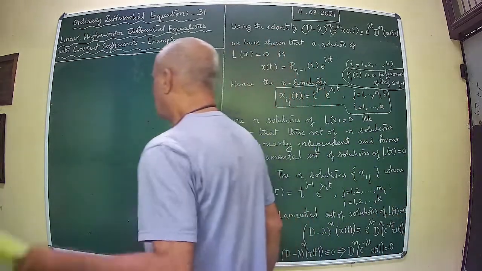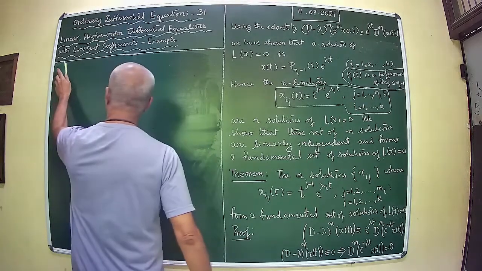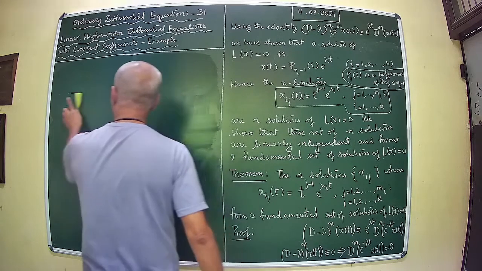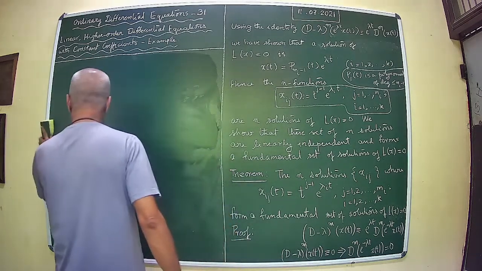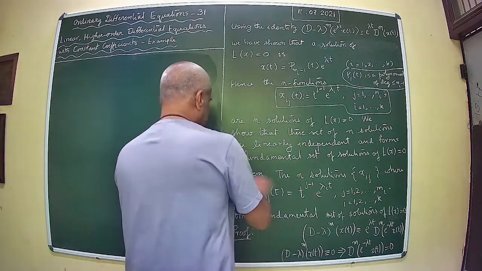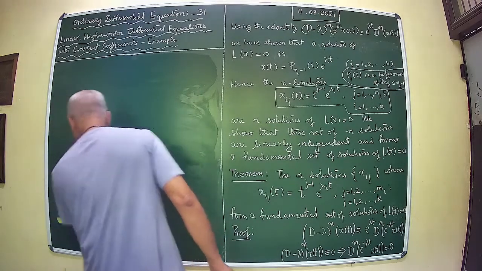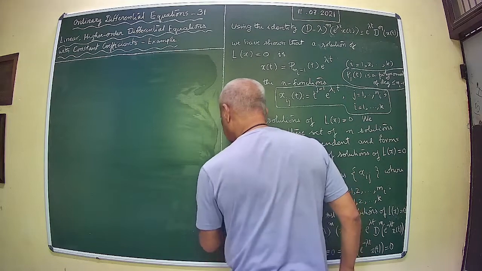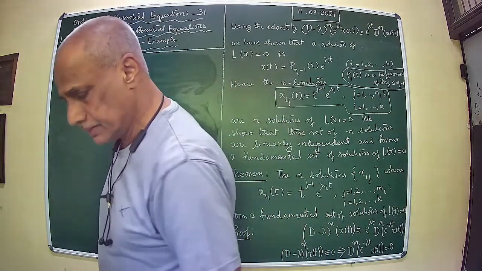So whatever portions were recorded, I have retained, and from there on I am continuing it, or from the statement of this theorem I am actually continuing it. So we prove this theorem now. Let me write down the proof of this theorem.